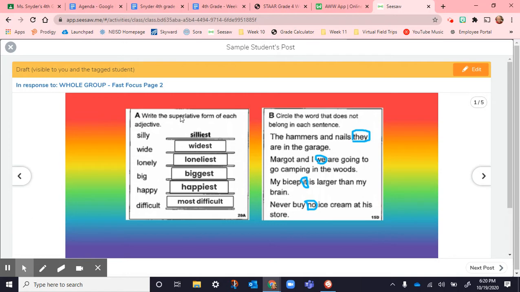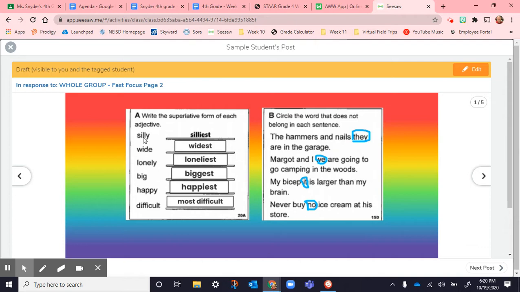So superlatives, when you're comparing 2 or more things and you're talking about something that's the most, then you change the word to show that. For example, somebody might be silly, but if they're the most silly out of everybody, you would say that they're the silliest.